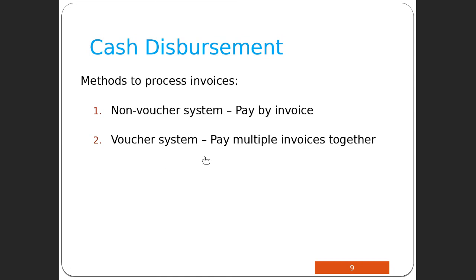The second one is a voucher system where you get the invoices every week, but you only pay once a month. So you get 4 invoices throughout the month, and you make one payment at the end of the month for all of those invoices. Right? This is called a voucher system. Okay, and you could use either one, non-voucher or voucher system, depending on the arrangement between the buyer and the seller.